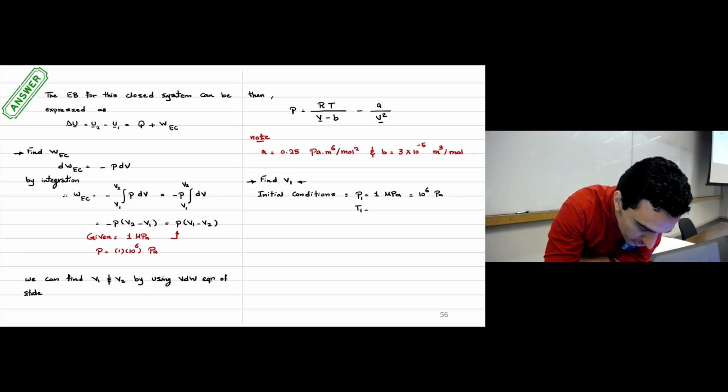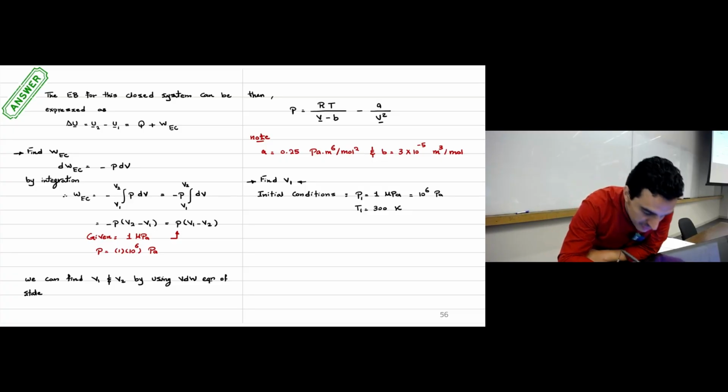We have temperature 1, the initial temperature is 300 Kelvin. So substitute in the Van der Waals equation of state.